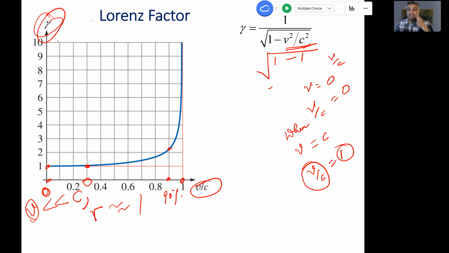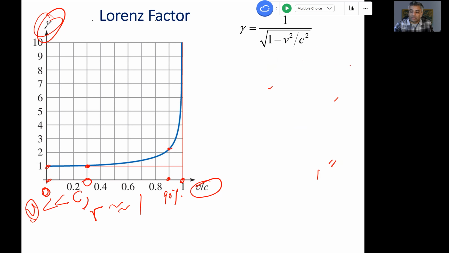So the proper time versus dilated time, the difference between those times depends on the relative speed between the observer and another frame of reference, or two frames of reference.